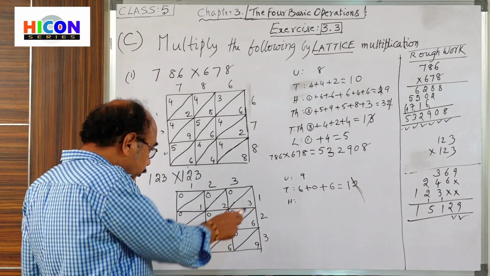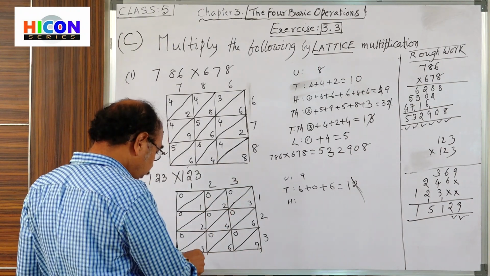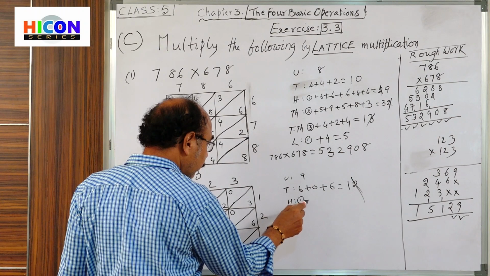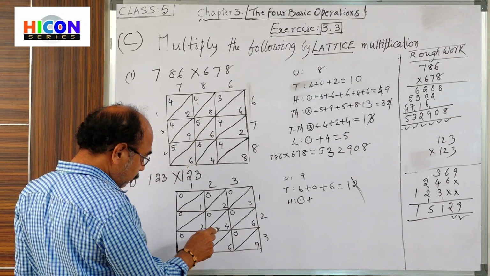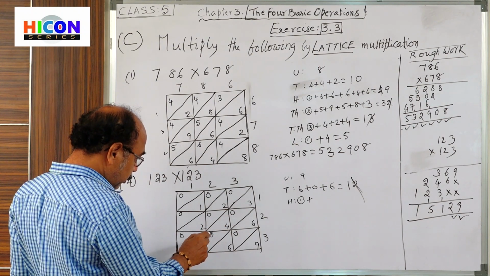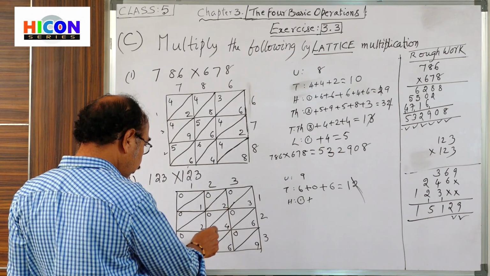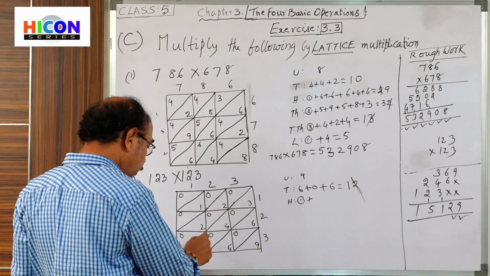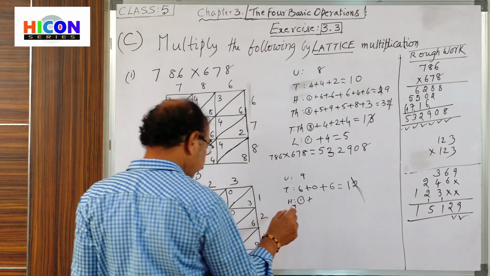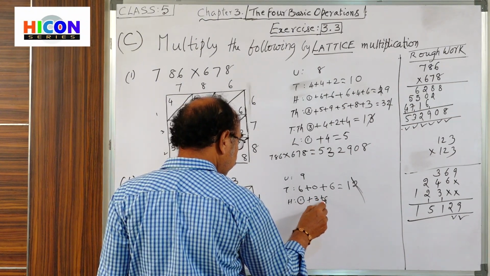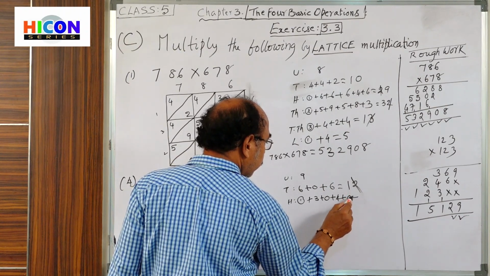In this diagram, what are the numbers here? 1 is carried. Remaining numbers are 3, 0, 4, 0, 3. 3 0 4 0 3 with the 1 carried.